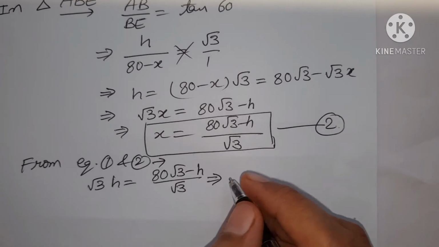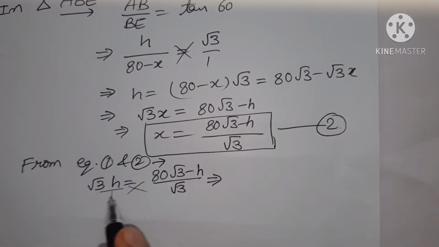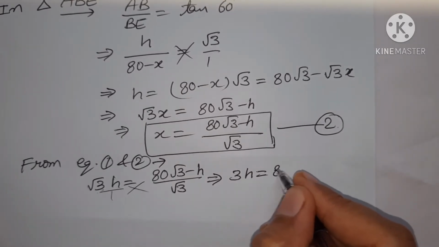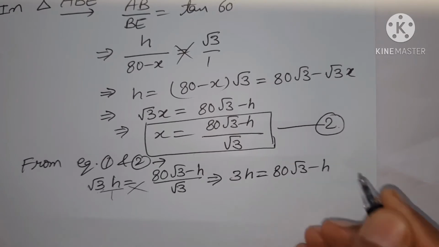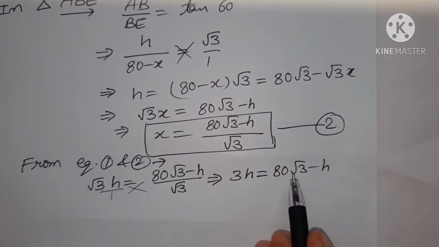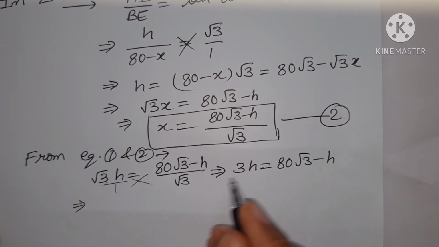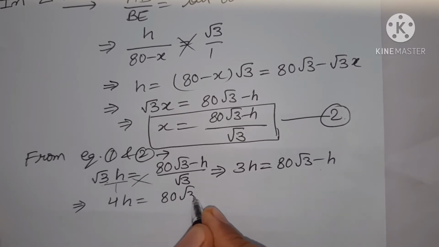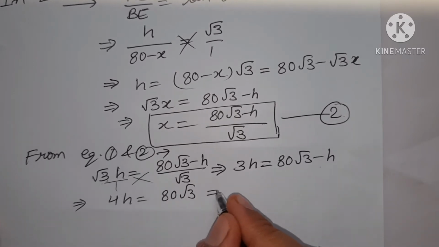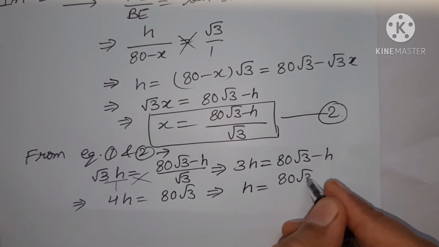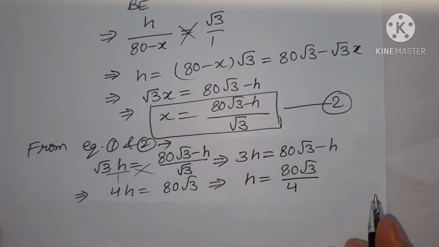When we cross multiply, it will be 3h is equal to 80 root 3 minus h. This h we take on the left side, so it will be plus. So 3h plus h is 4h equal to 80 root 3, and from here the value of h is equal to 80 root 3 upon 4.